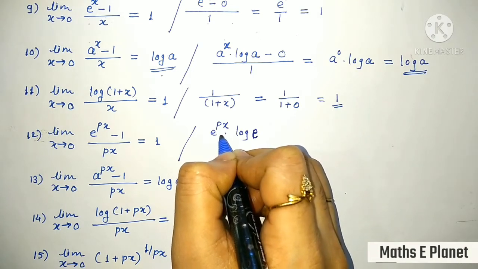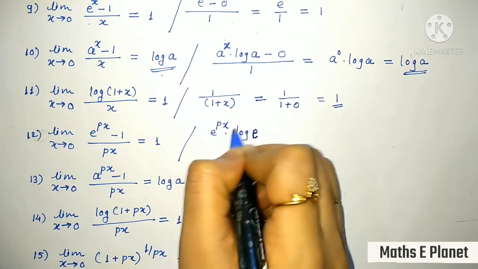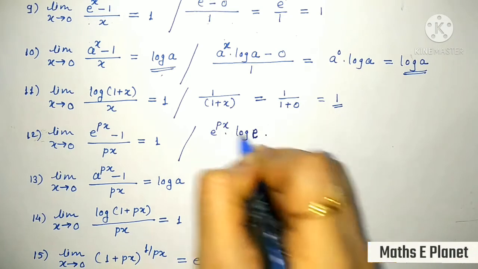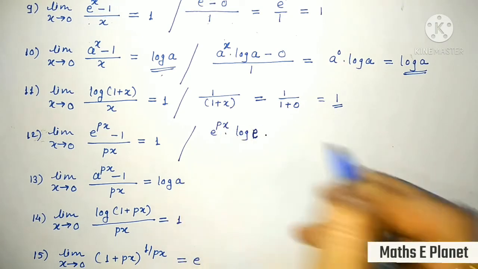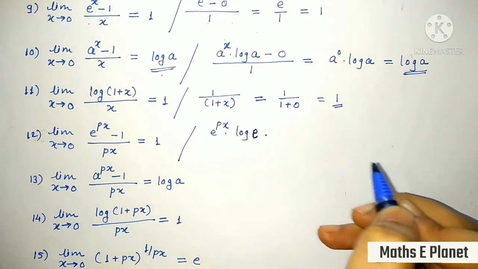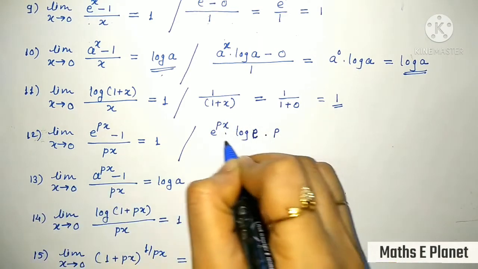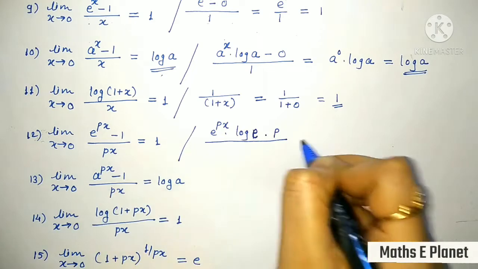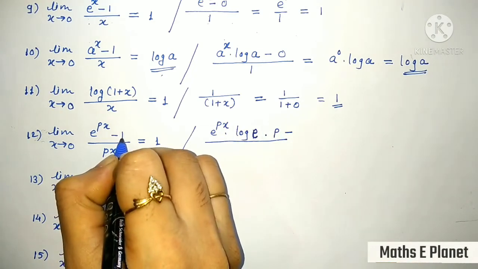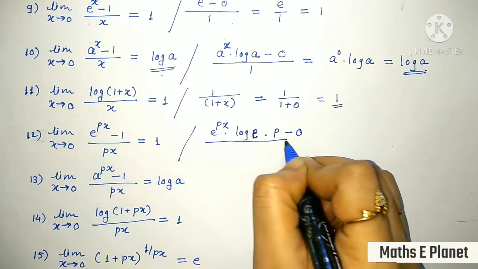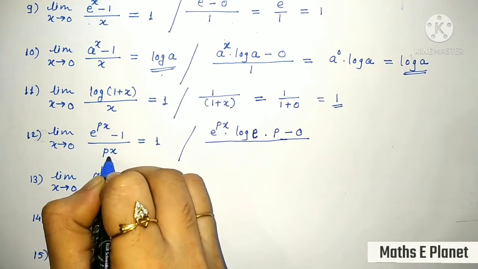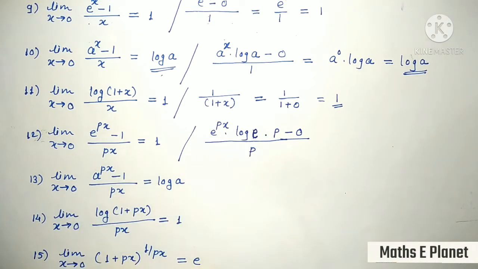It is not x only; instead of x there is px, so we have to take the derivative of px again by using the chain rule. The derivative of px is p, minus the derivative of 1 which is 0. In the denominator, the derivative of px is p.